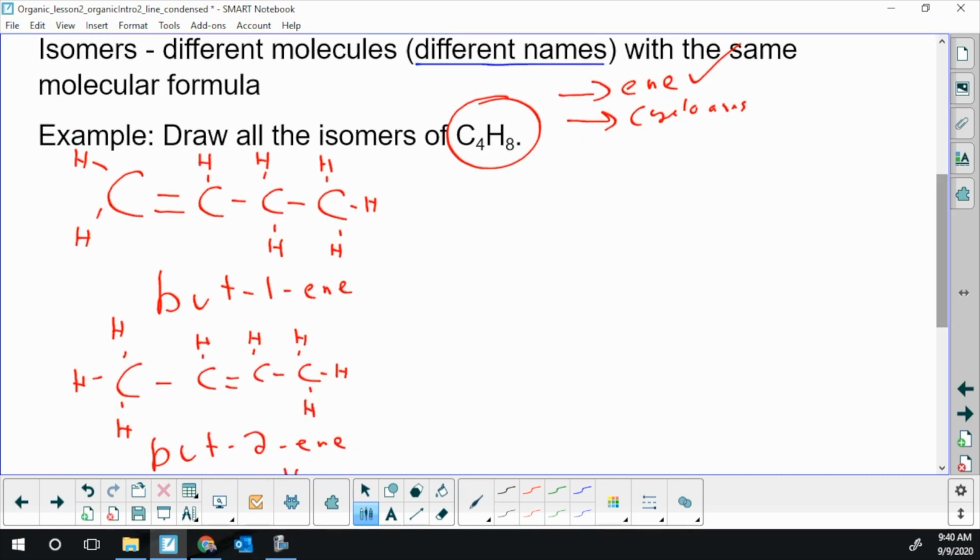Cycloalkanes. So again, I start my systematic. Start big, get small. So the biggest would be 4 in a circle. Cyclobutane.